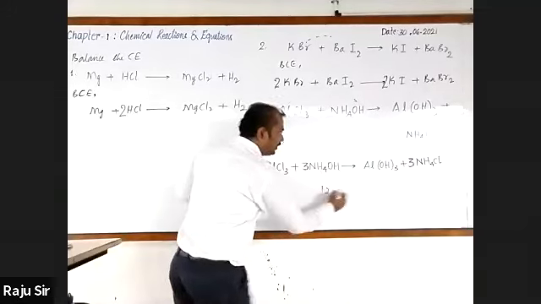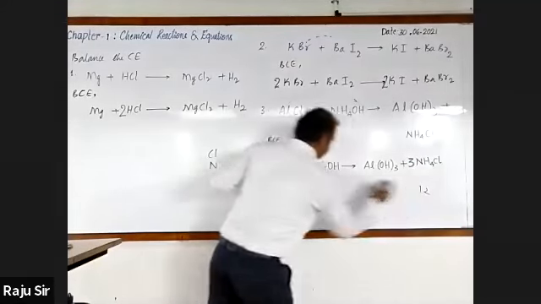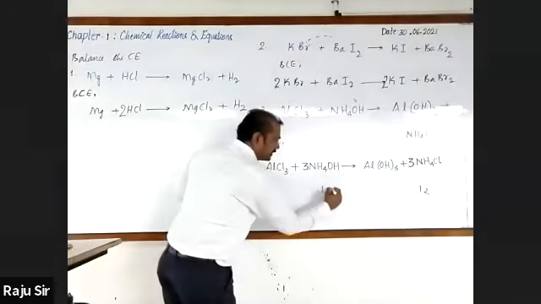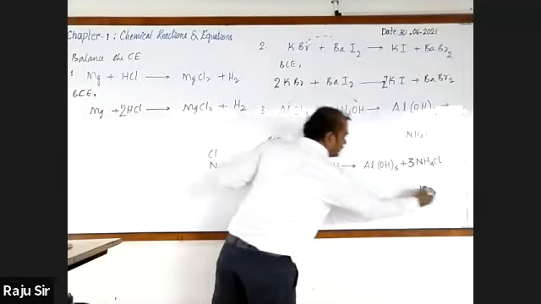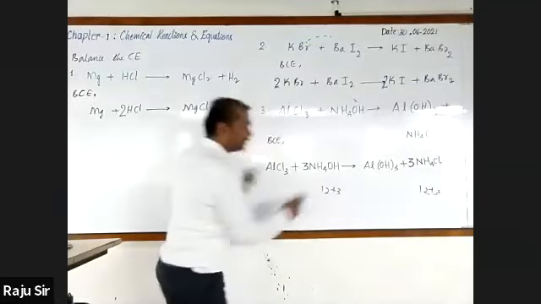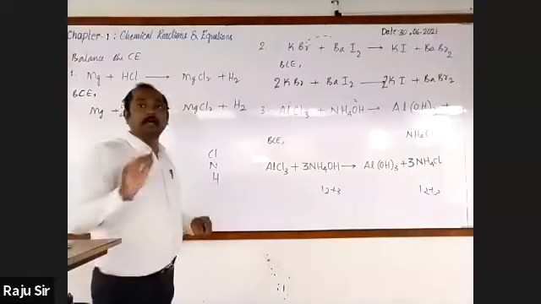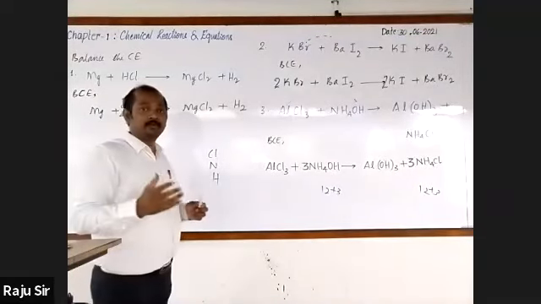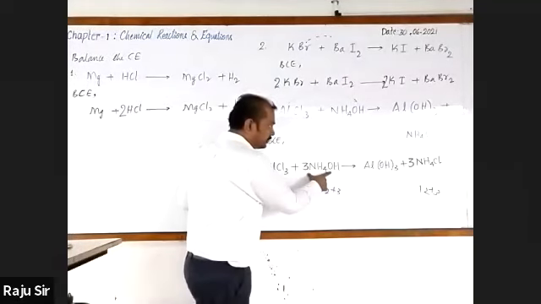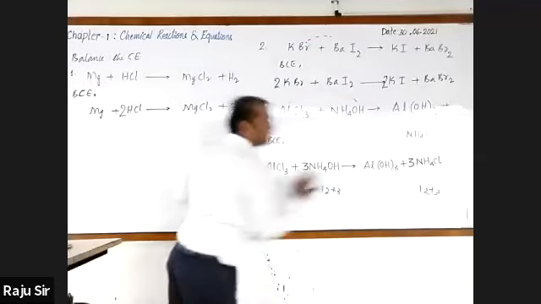Then 3 1s are 3. 15 atoms of hydrogen. Hydrogen is balanced. Next, oxygen. 3 atoms of oxygen, here 3 atoms of oxygen. So this is the balanced chemical equation.